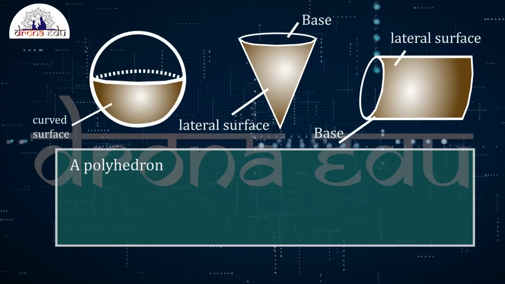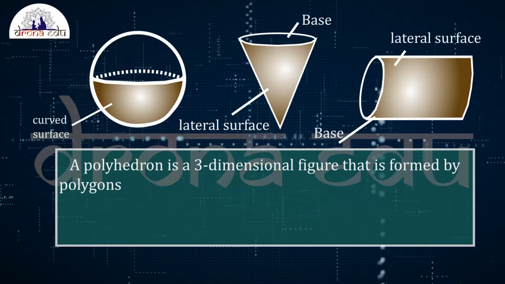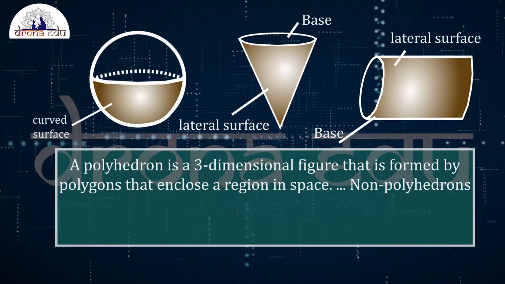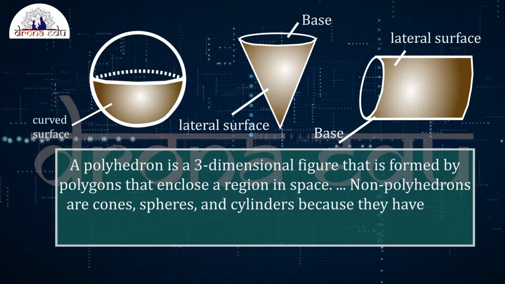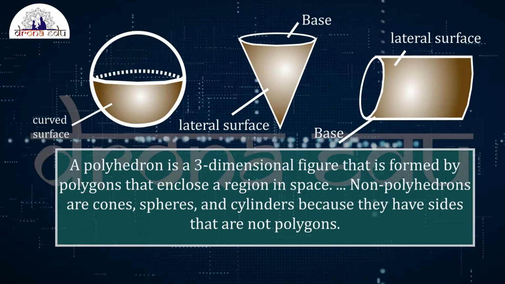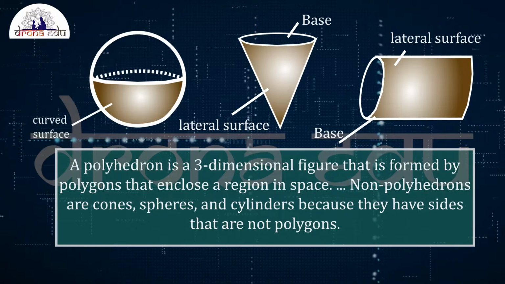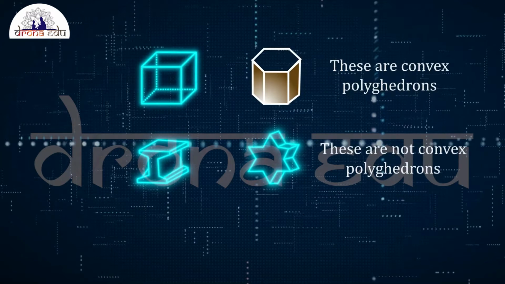A polyhedron is a 3-dimensional figure formed by polygons that includes a region in space. Non-polyhedrons are cones, spheres and cylinders, because they have sides that are not polygons. That's the difference.